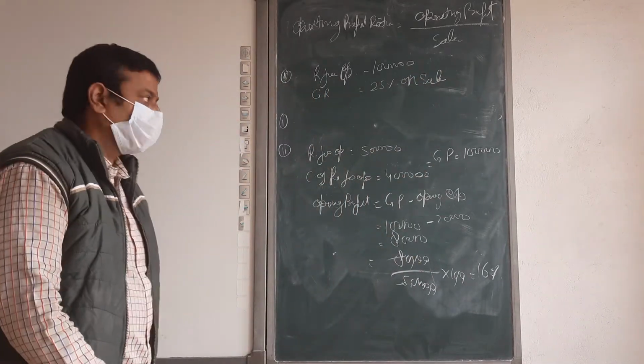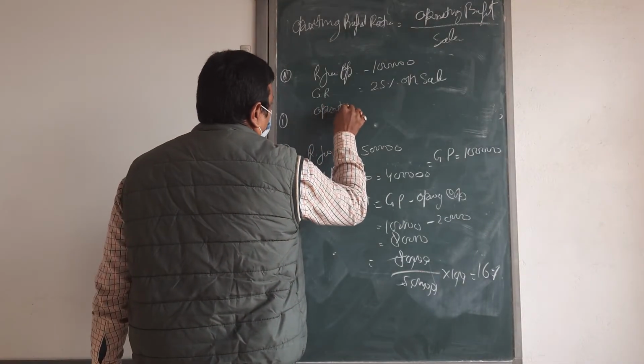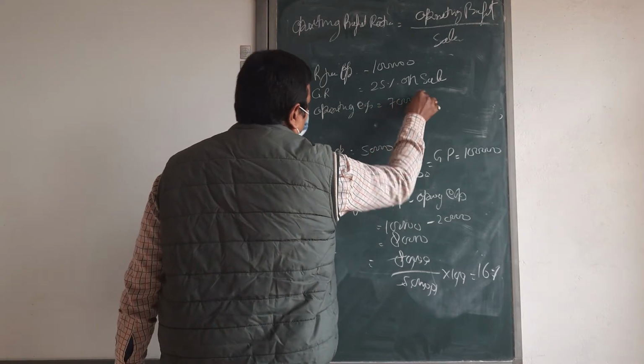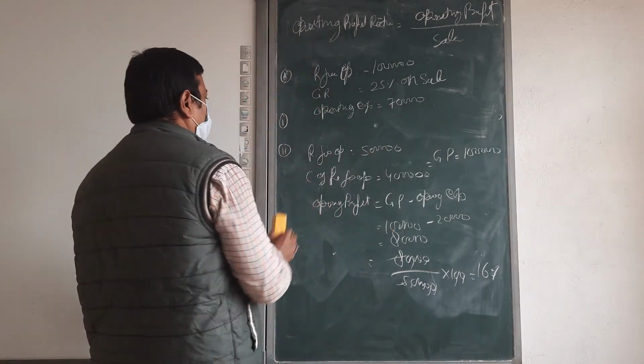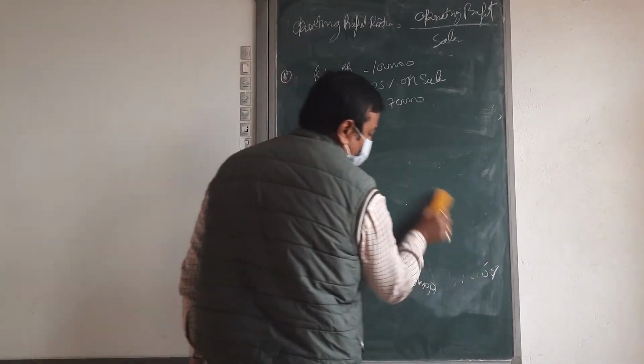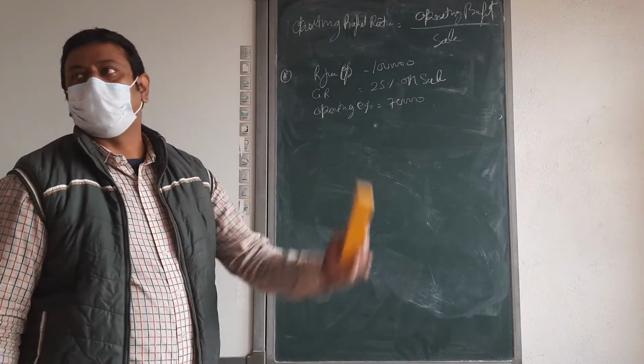Okay. Operating expense 70,000. Then how are you going to do? Anyone want to try? Let's see. First calculate the GP.